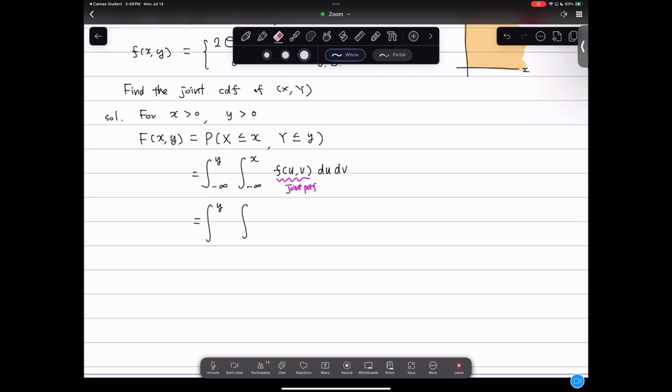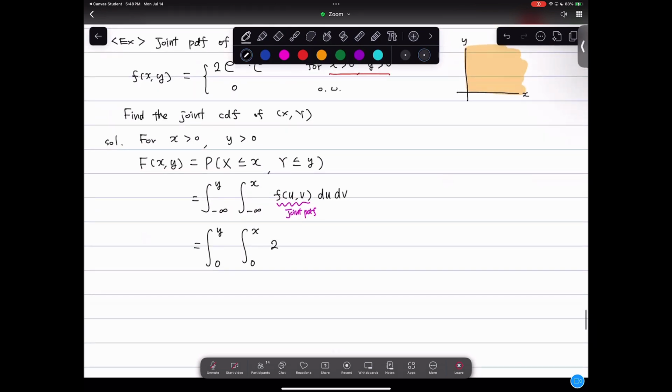So now I can change my lower bound from zero to some number y, and the same goes from zero to some number x. And the joint PDF is 2 times e to the power of negative u, e to the power of negative 2v, du and dv.